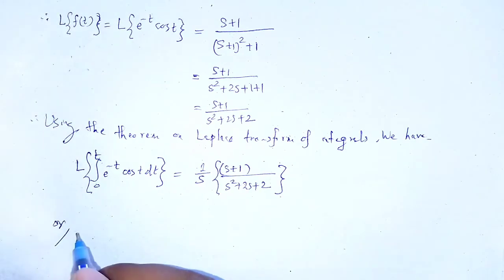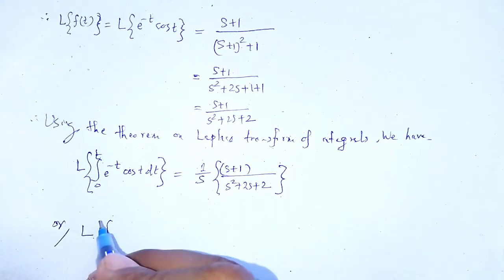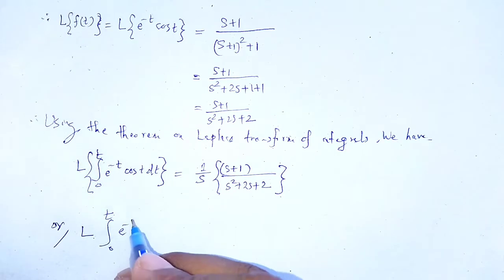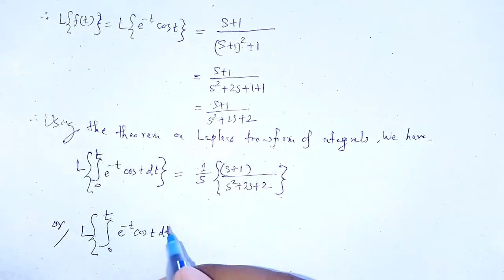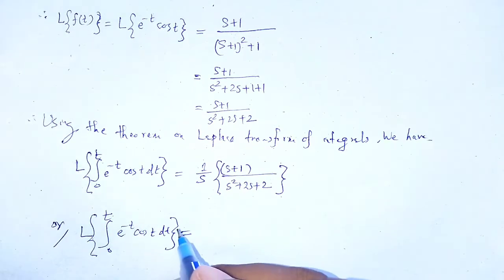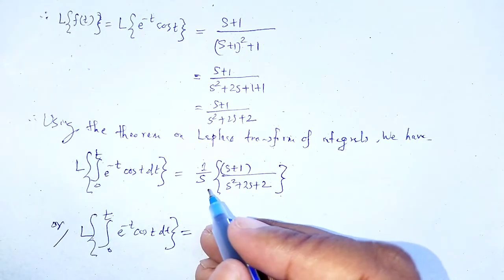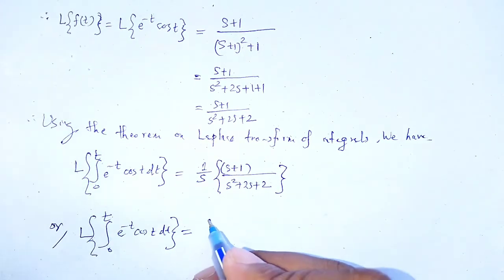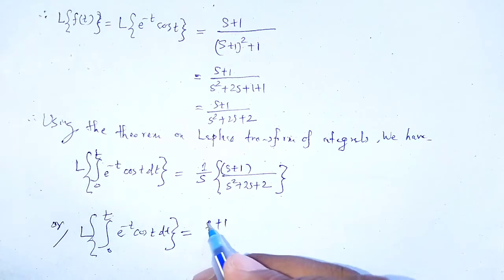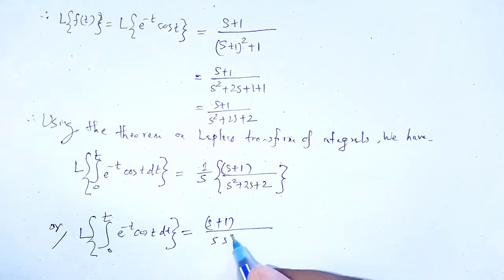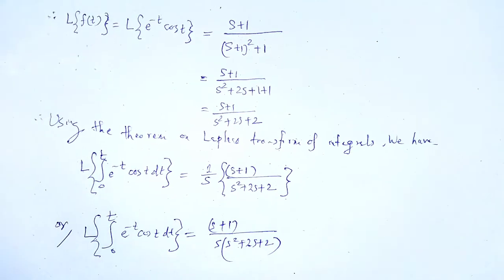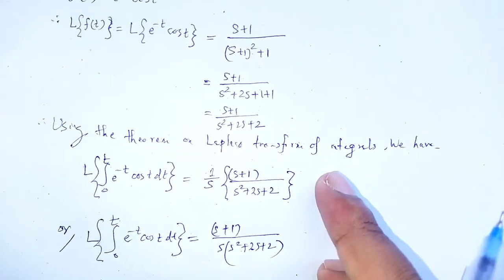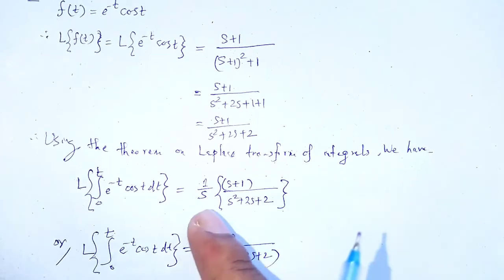So, the Laplace transform of 0 to t e to the power minus t cos t dt is equal to, that s is multiplied, we have s plus 1 divided by s whole into s square plus 2s plus 2. Here we use just Laplace transform of integrals.